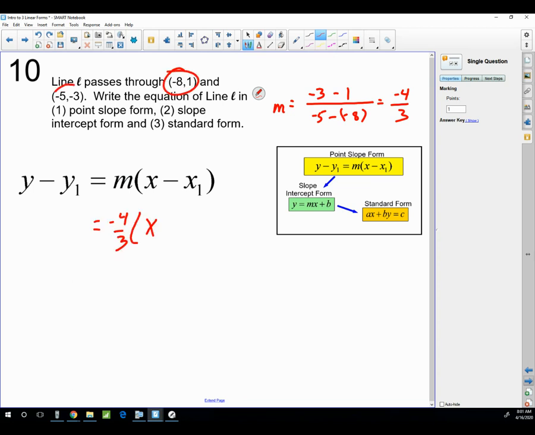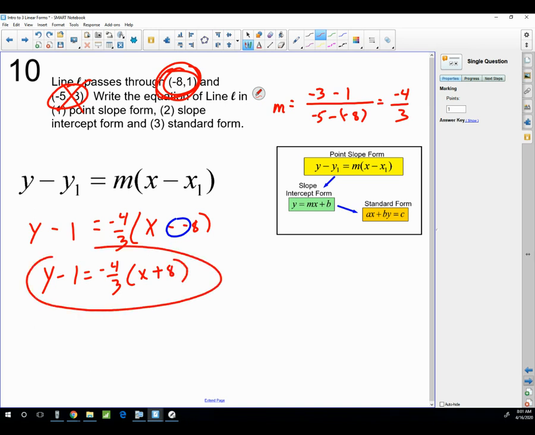Now, again, it doesn't matter which points you pick here for point slope form, but the coordinates have to be consistent. So I'm going to use this one. So it'd be x minus -8, and then y minus 1. And again, this is a little middle schoolish, so let's clean it up. y minus 1 equals -4/3 x plus 8. And that is the answer to part 1.